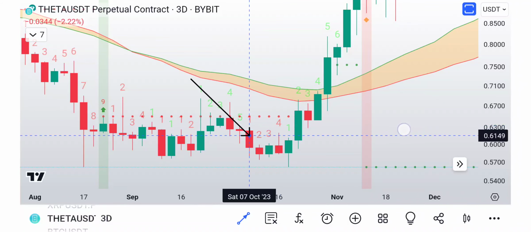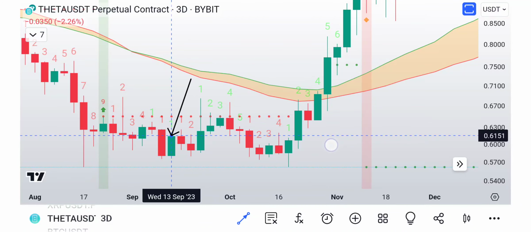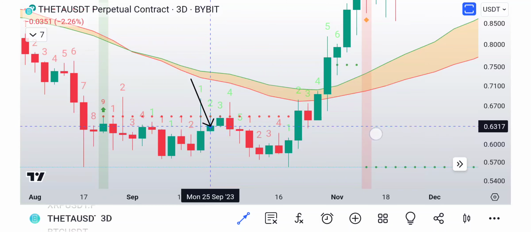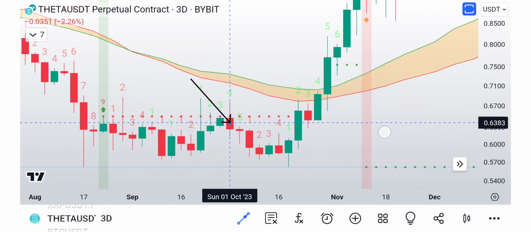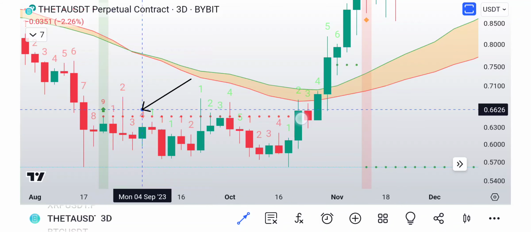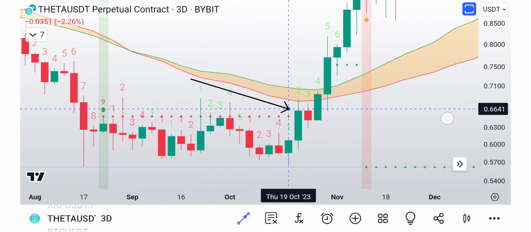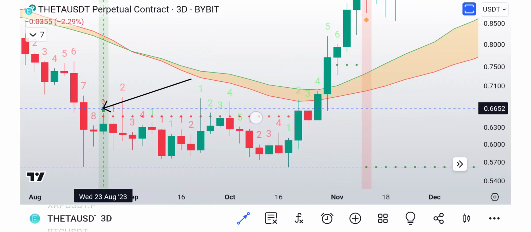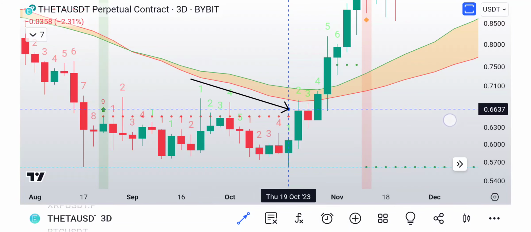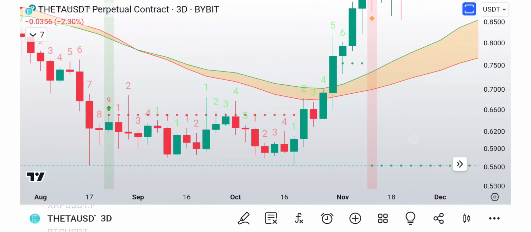So, for example, the red dot could have been right here. The 9 could have been here. And if we would have broken out of it, it would have never really activated. So it's just kind of interesting how this indicator works and how these red dots that got printed become your resistance here for this 9 to be activated.